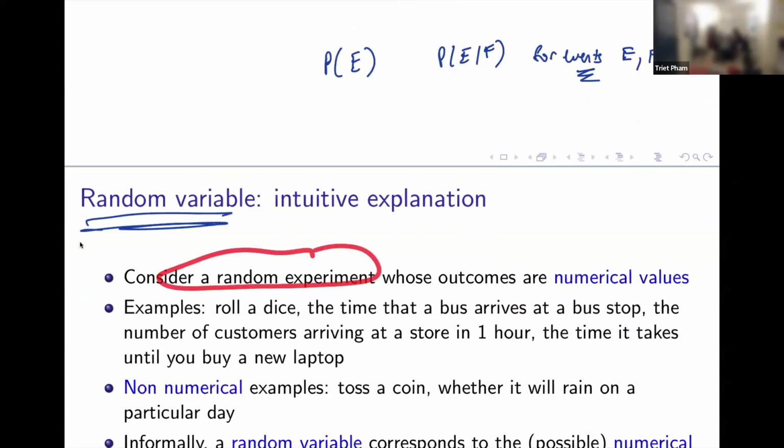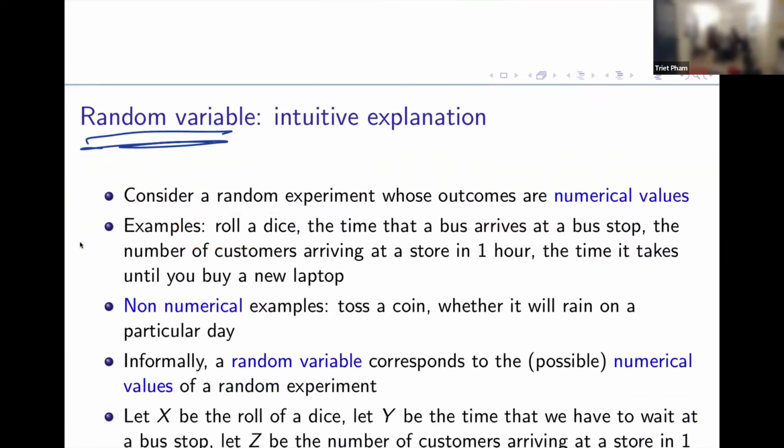Basically, when you look at an experiment with outcomes, the outcomes here have numerical values. Rolling a dice would be natural: you have 1 to 6. The time that the bus arrives. The number of customers arriving at the store, etc. So these are experiments where, when you name the event, you have a number attached to it.